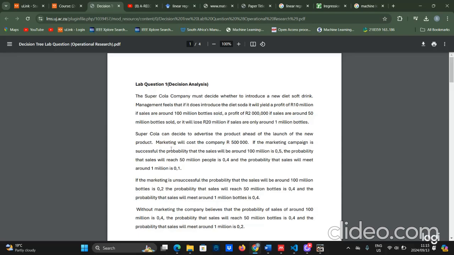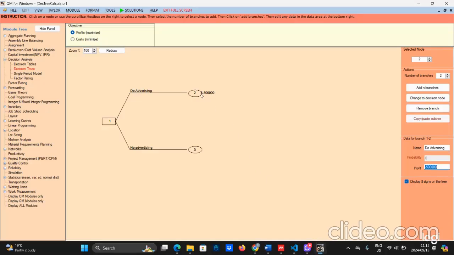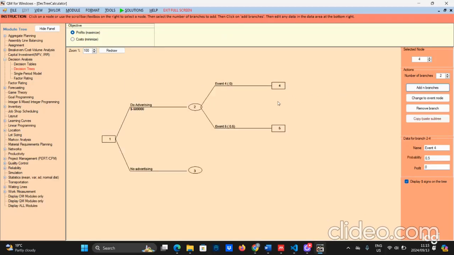So the advertising campaign would either be successful or unsuccessful, which means it's a probability or outcome, so we'll use a state of nature. From a state of nature, we'll add two branches. In those two branches, the advertising may be successful or unsuccessful.